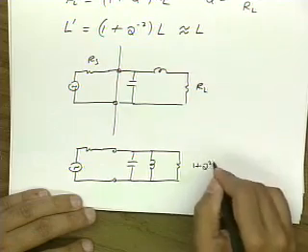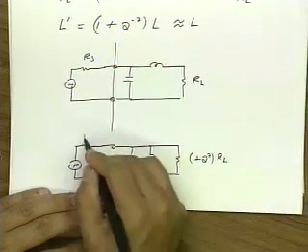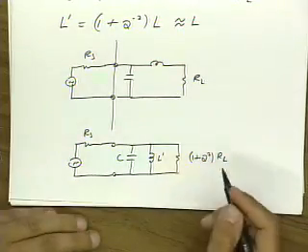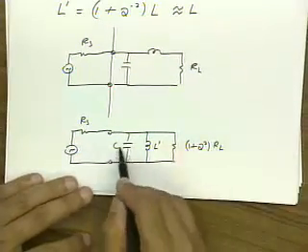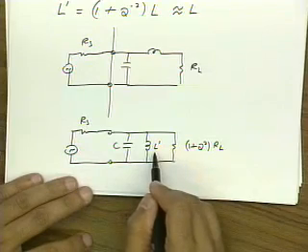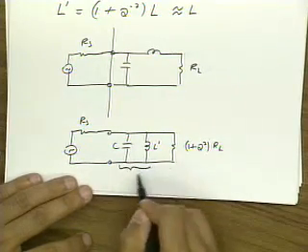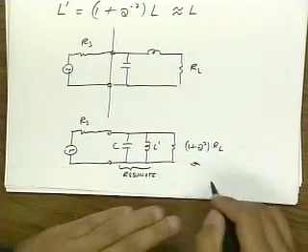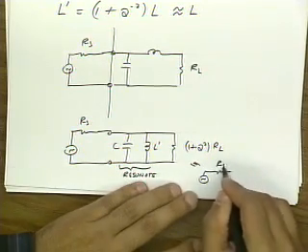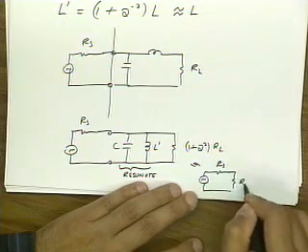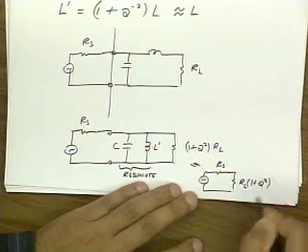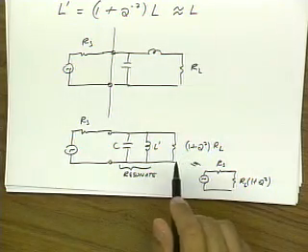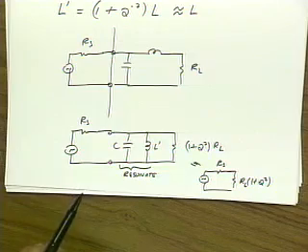This is (1 plus Q squared) RL, this is RS, this is C, this is L prime, and therefore I will pick C to resonate with L, and then the equivalent circuit breaks down into this simple form. It's just a voltage divider, right? That clear? Any questions?